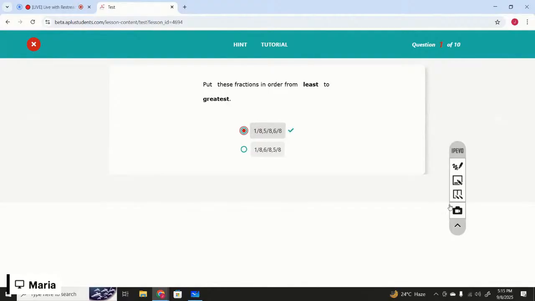Option number 1 is the correct option, 1 by 8, 5 by 8, 6 by 8. We put these fractions in order from least to greatest. So which is the correct option, 1 or 2?